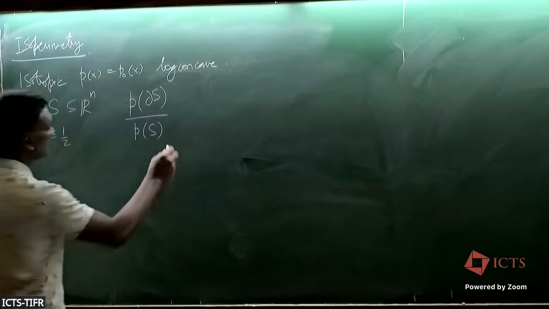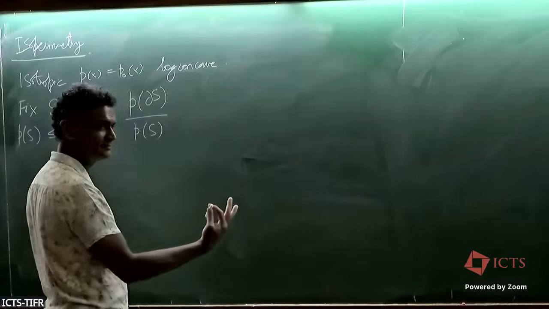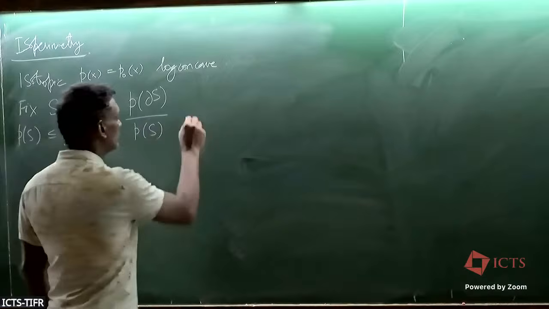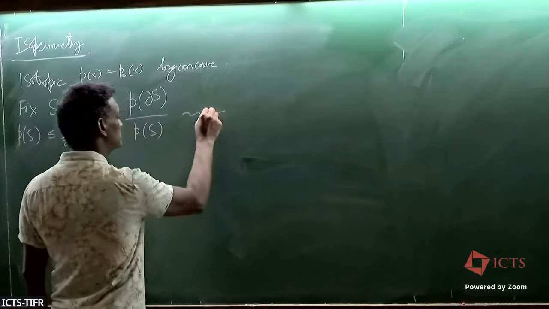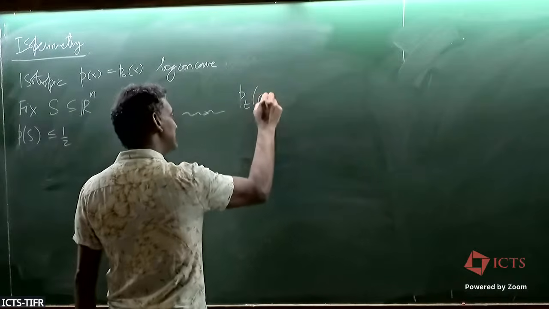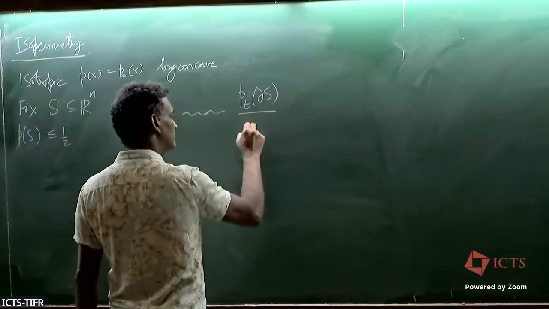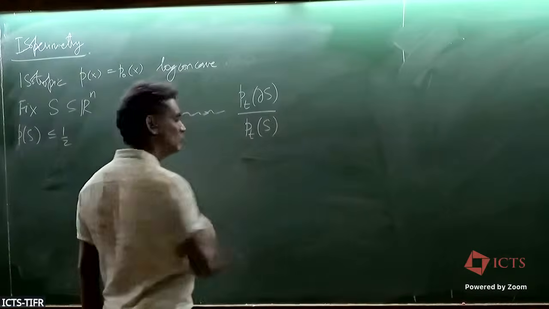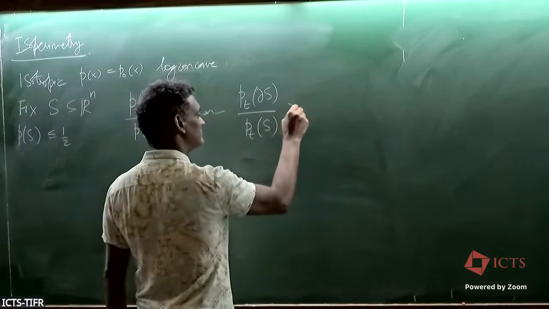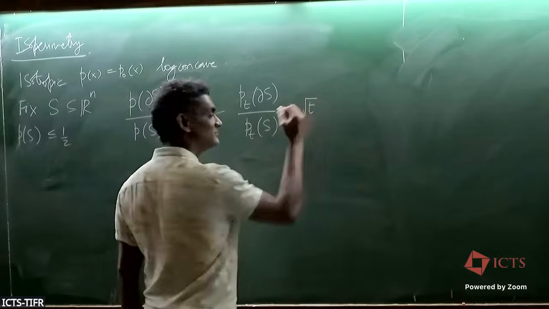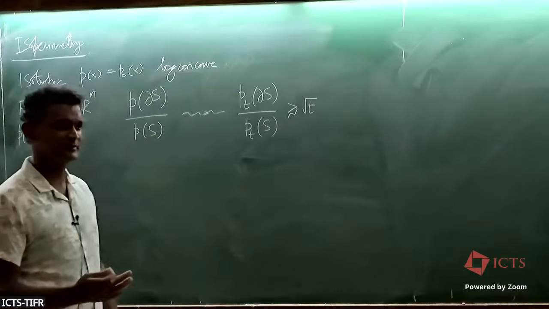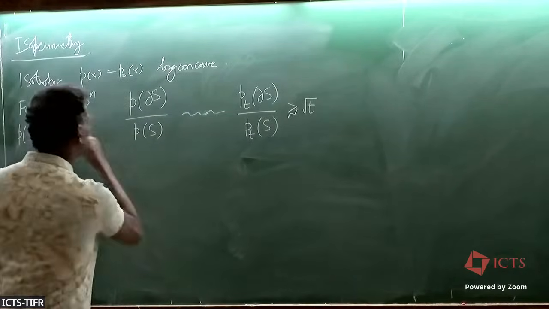Then we apply localization. So P becomes PT. Now when P becomes PT, we can consider PT of the same set. Now this we know is large, up to constant. What can we say about this?